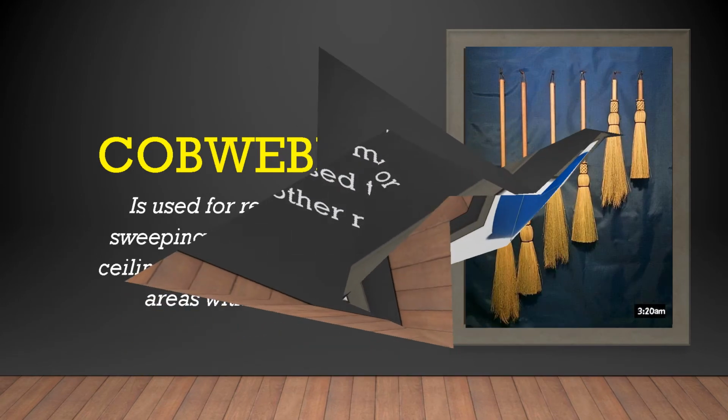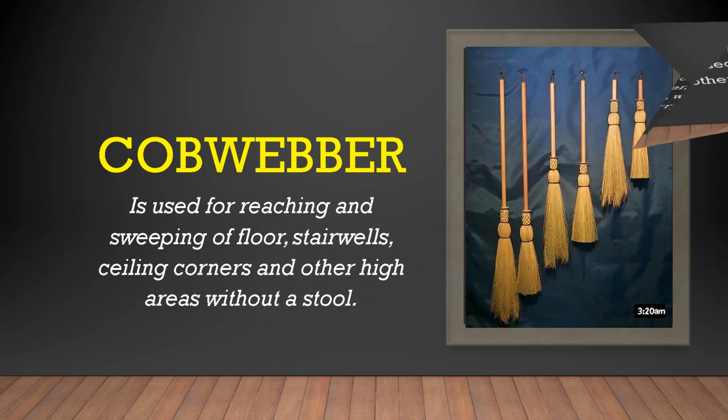Next is the cobwebber. It is used for reaching and sweeping a floor, stairwell, ceiling corners, and other high areas without a stool. So without the use of small chairs, you can actually reach the high areas for cleaning. Next is the sponge.